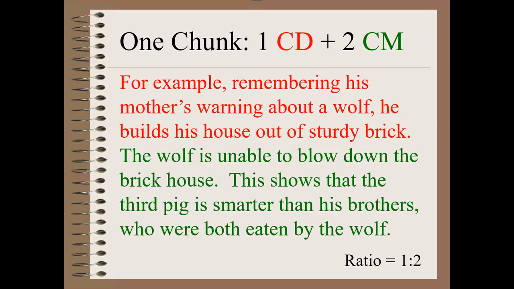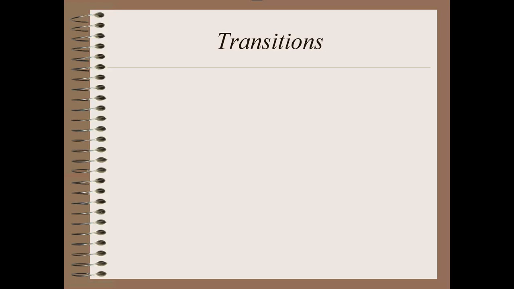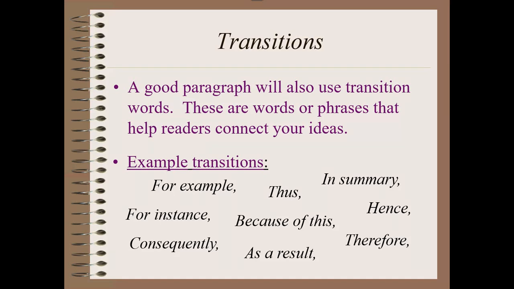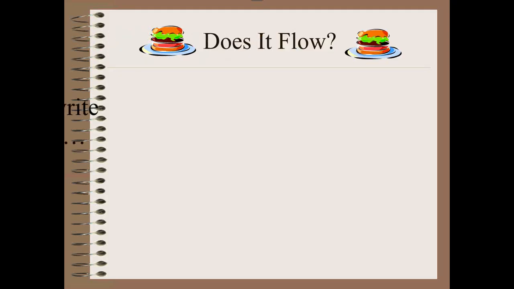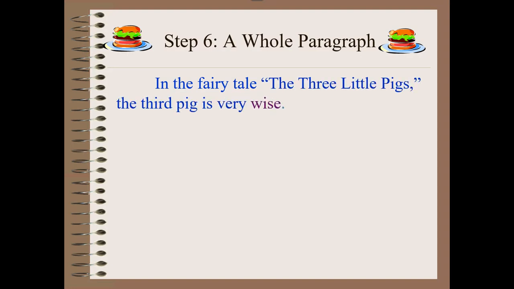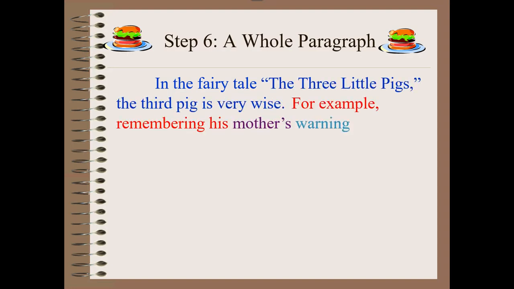So that is part of Jane Schaffer writing, and you must always have two commentary sentences for every concrete detail. All right, the transitions. Okay, these are some good transitions. What else? Here's the whole paragraph in the correct colors.